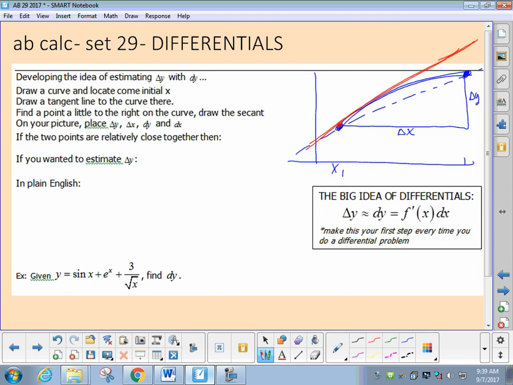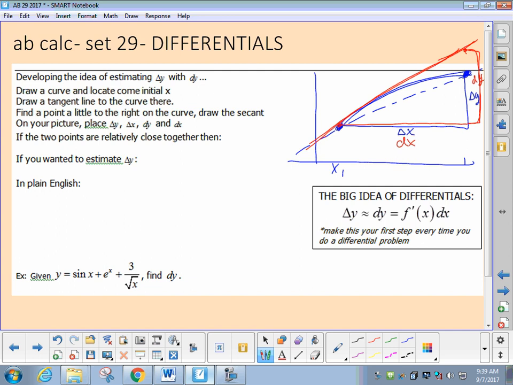So this to here, I'm going to also say is the same for dx. You can see though that the y's between the original point and the tangent line at that point is different. Now that's the tangent line change in y, so that's dy. Are you with me?